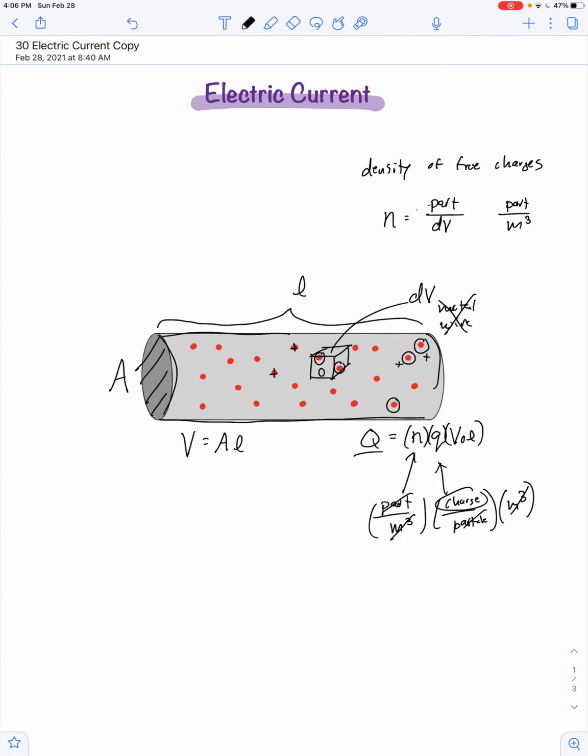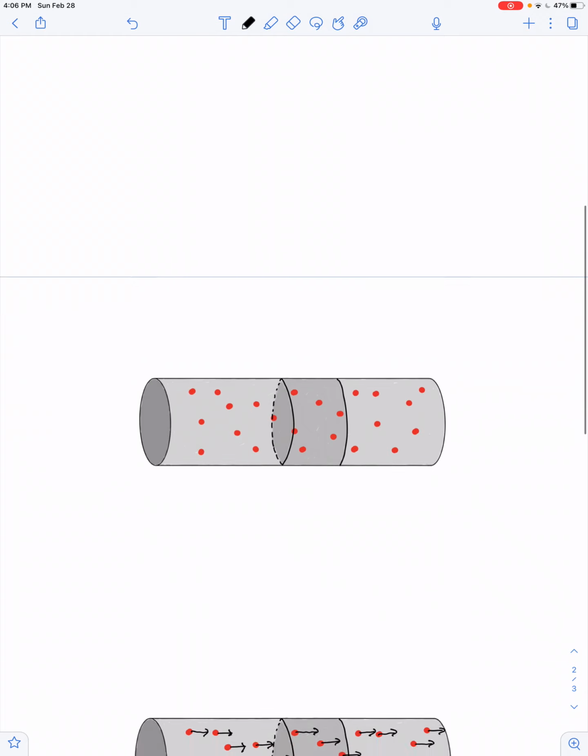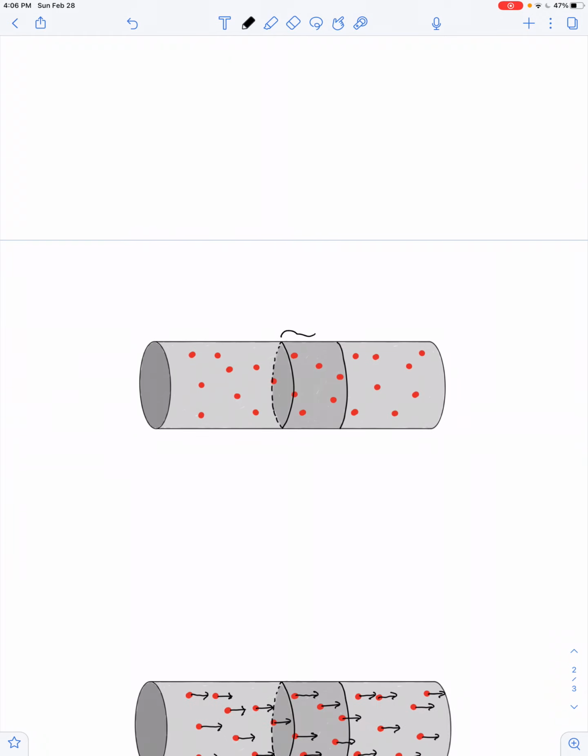Well, instead of figuring out the total charge in the whole conductor, let's figure out how much charge is inside just some small length of it. So maybe we call this dl. Starting to get messy, so I've got this drawn again. There's dl. We know the cross-sectional area, and it has some density of free particles represented as n.